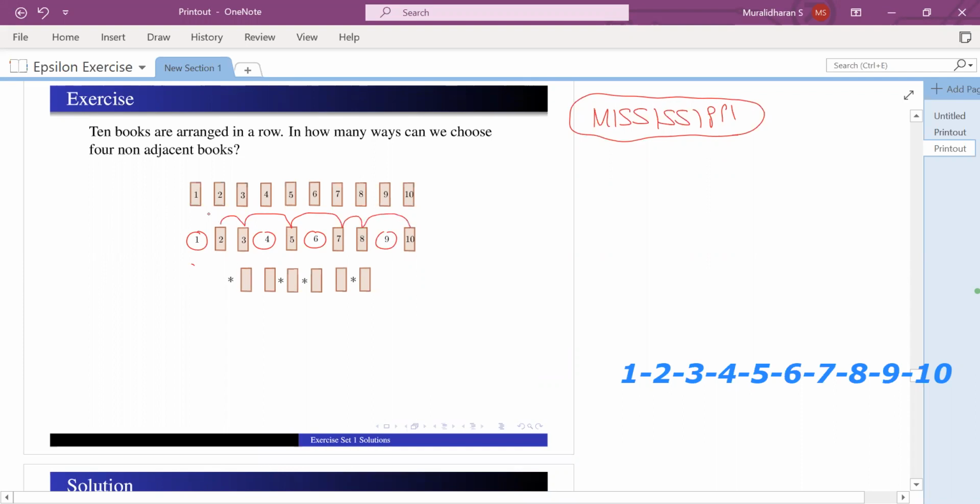Depending on where the books have been pulled out, I will have a gap at 4 places. Will two of these gaps be adjacent? They won't be, because if two gaps were adjacent, that means there is no book in between them, which means I would have pulled out 2 books which are next to each other, which is not the case.